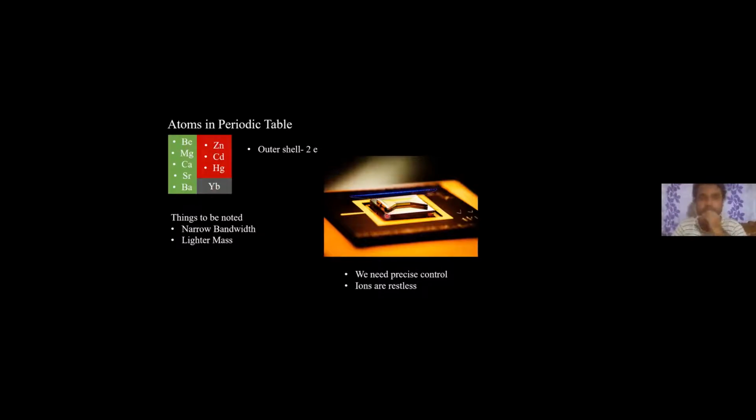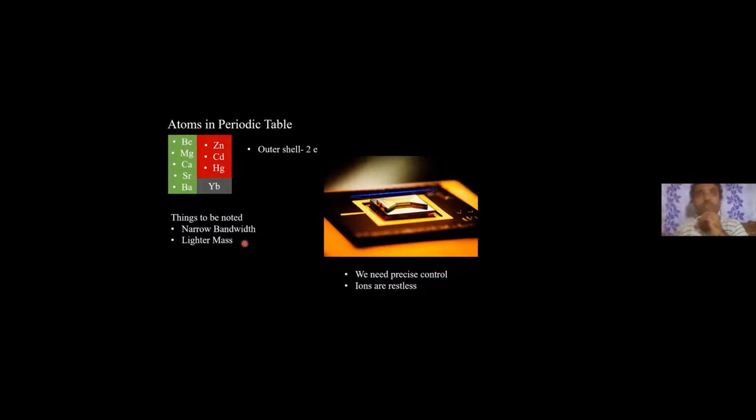This is a chip for IonQ, and all of these are ions. If I want to control this, my laser bandwidth should be very narrow. One of the very important things about using ytterbium is that it has a lighter mass. The mass is very low, so I can control them, and this is quite easy to control.